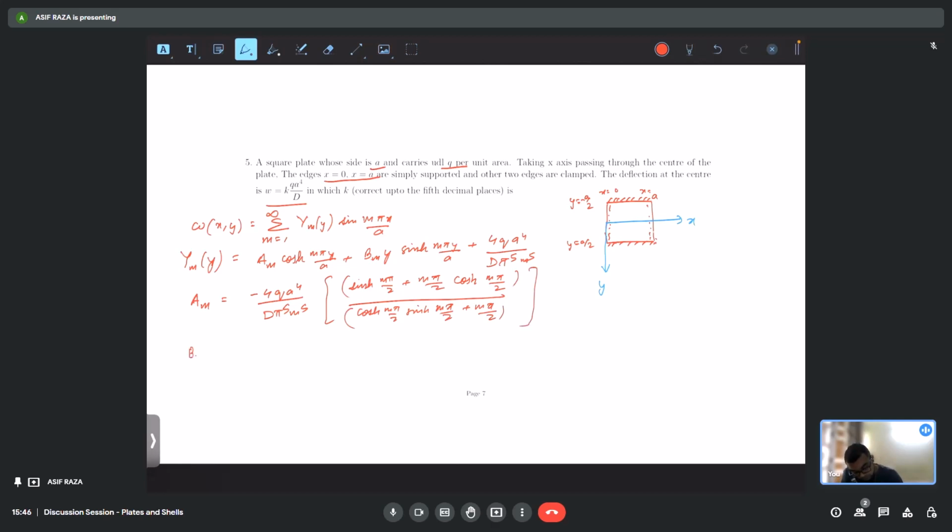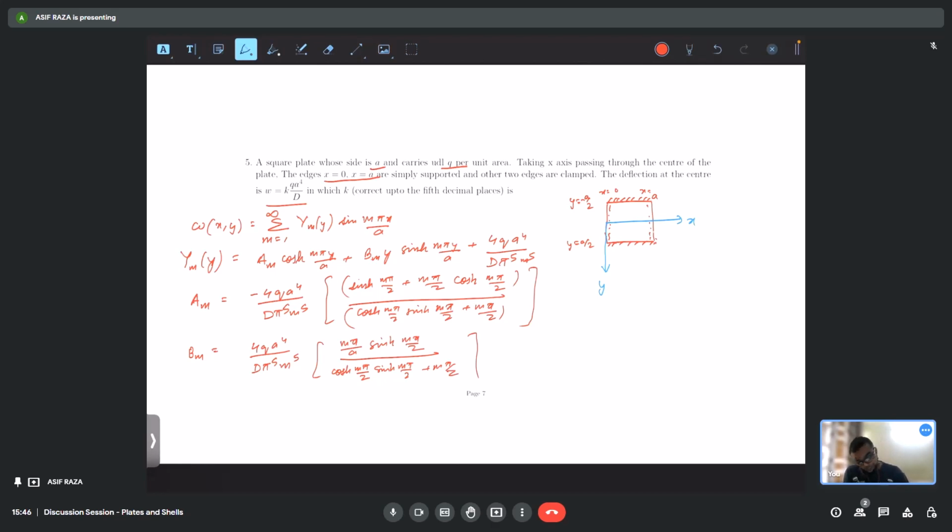Similarly for B_m we have 4q a to the power 4 by D pi to the power 5 m, m pi by a sin h m pi by 2 upon the denominator, which would be the same as cos h m pi by 2 sin h m pi by 2 plus m pi by 2.